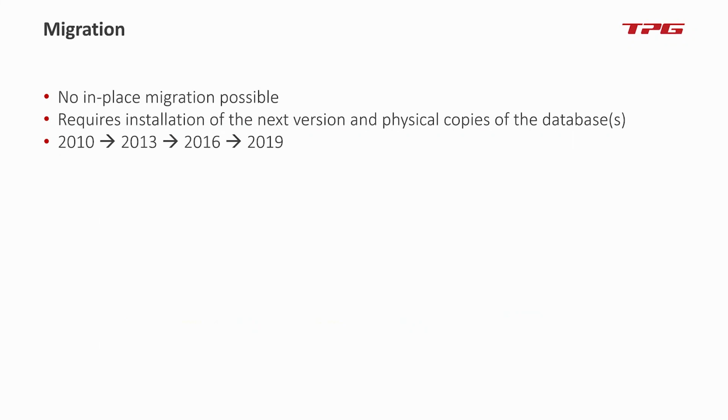This finally means if you're coming from a 2010 environment, and we still have a number of customers on premise running on 2010, you first of all need to do the migration to 2013, to 2016 then, and to 2019. We cover all this in more detail on the next few slides to explain what's going on there, but it really asks for a very, very stepwise migration from one version to the next one. There's nothing you can change about it.